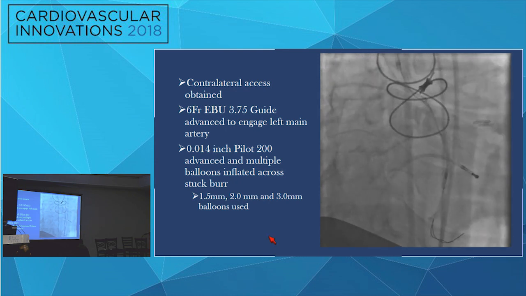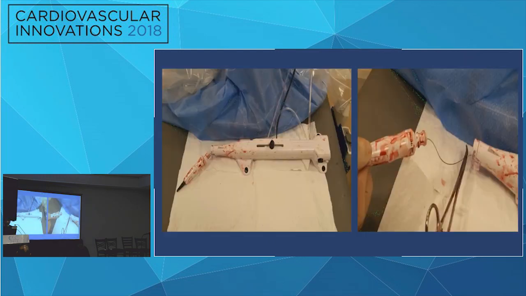So the cardiac surgeon was in the room and said, continue to do your best. So I did. What I did is I disassembled the advancer. We cut the Rota sheath.